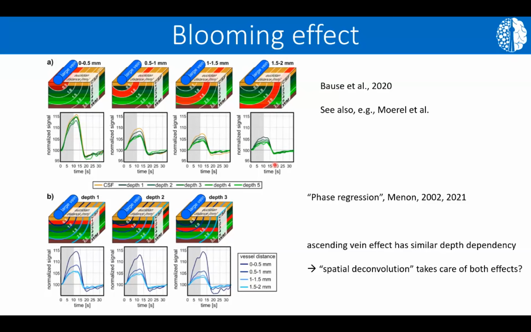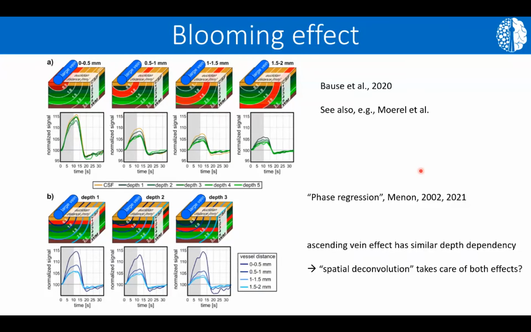I will not go too much into depth on this figure because of time, but what they show is that the further you are from the vein, the smaller the BOLD signal becomes. Obviously, you can also argue that it might be a physiological effect, because if there's a large vein, there's also an ascending vein, so there might be a true physiological effect, but we already know there's a physical effect due to the blooming effect.